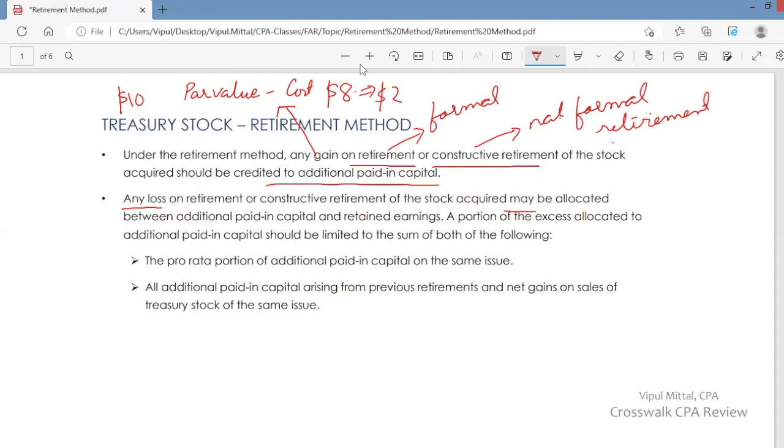Or you have an alternative: do not allocate it between additional paid-in capital and retained earnings, but transfer the entire loss to retained earnings. Do not split that loss between additional paid-in capital and retained earnings. This is an alternative that you have.